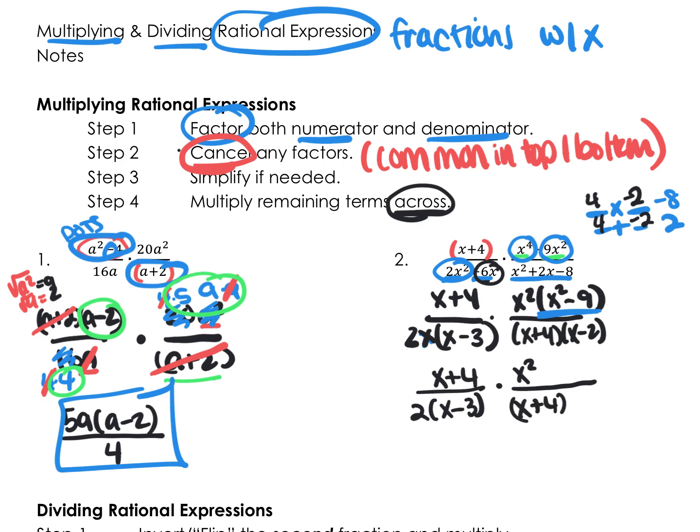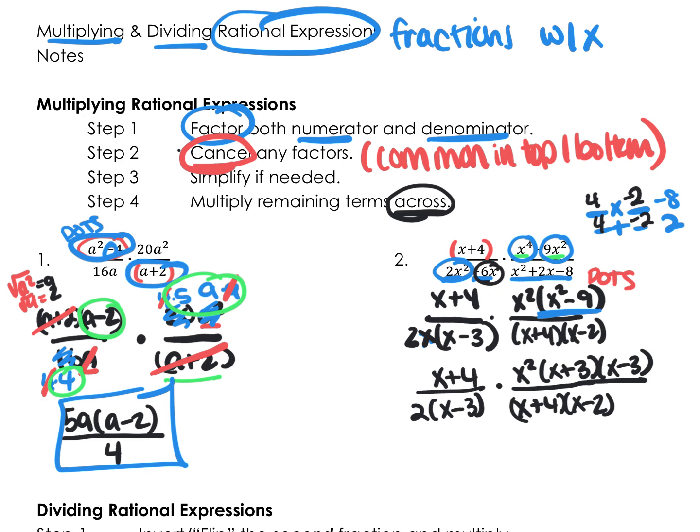The bottom's going to stay the same. But the top here, this is a difference of two squares, right? X squared minus 9 is going to factor into x plus 3, x minus 3. Because difference of two squares is the exact same, except for the plus and the minus. You took the square root of x squared and 9.